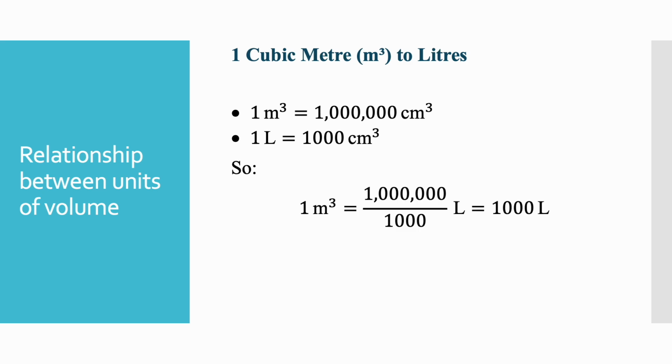So let's divide this. 1 cubic meter is equal to 10 raised to 6 divided by 10 raised to 3. This gives us 1000 liters. This shows that a cubic meter is a very large unit. It can hold 1000 liters of liquid.